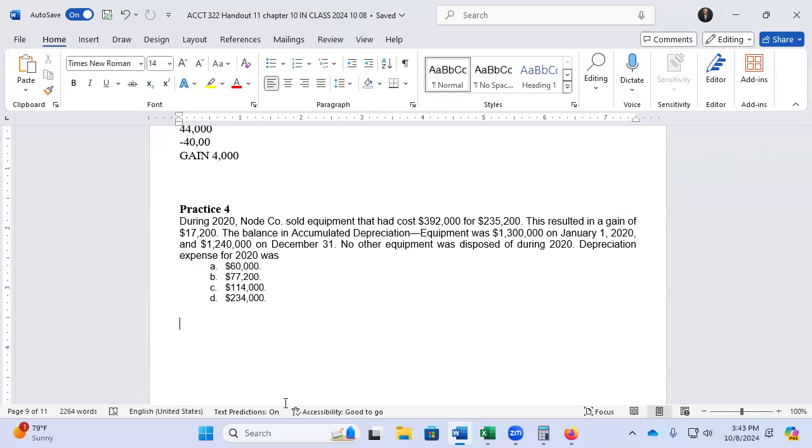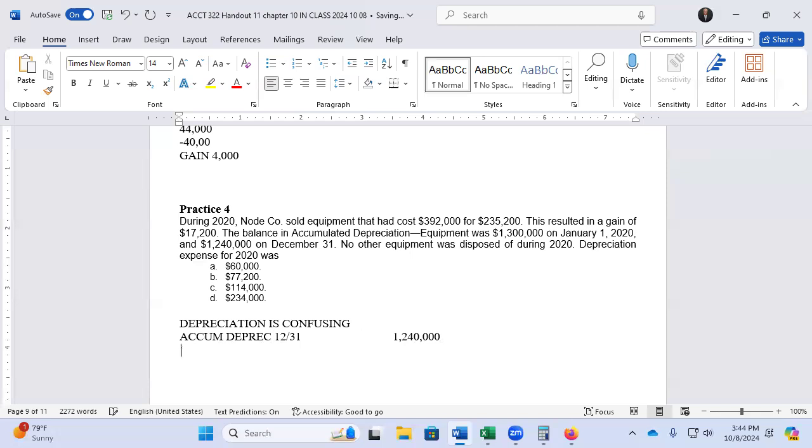Okay, so this one was a challenging one, and you can start in either place, but we know depreciation doesn't look right, right? Because we have accumulated depreciation on 12/31 of 1,240,000.